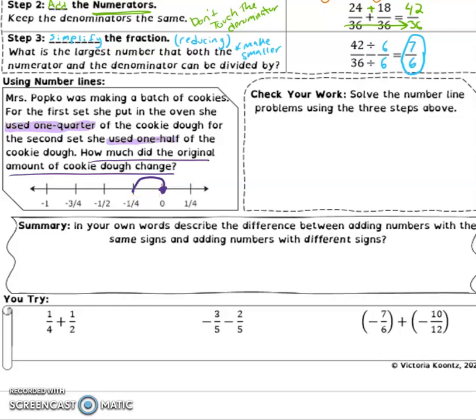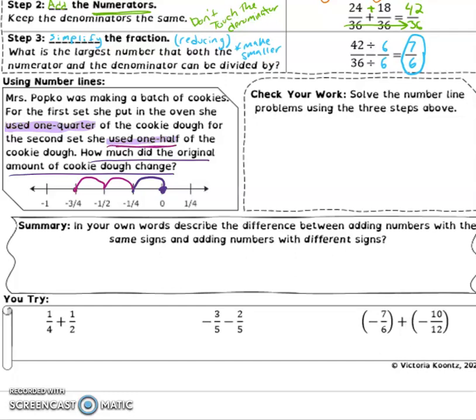But I'm already at 1/4, right? So now I need to go 2 more quarters. So we're going to go 1, 2. That's for our second batch of cookies.